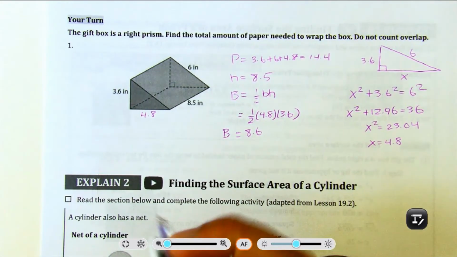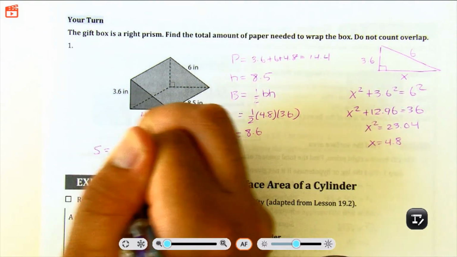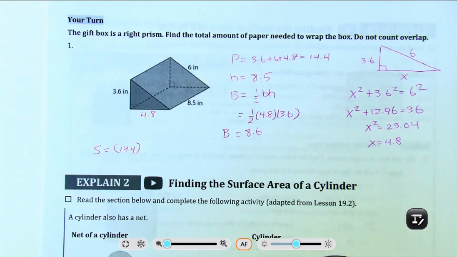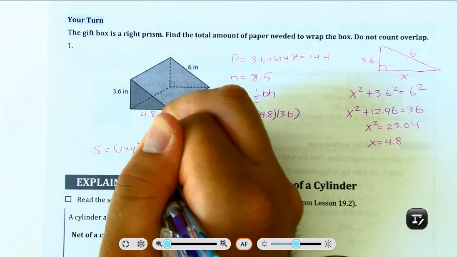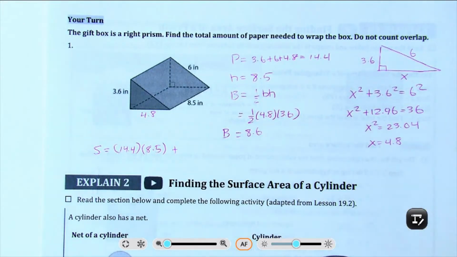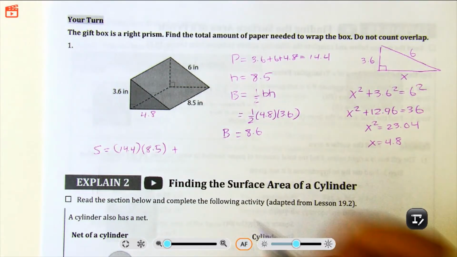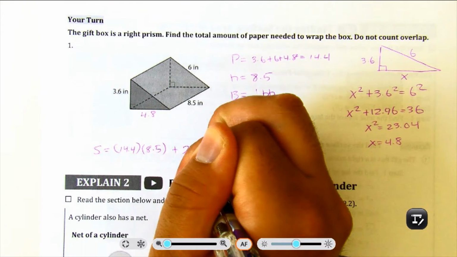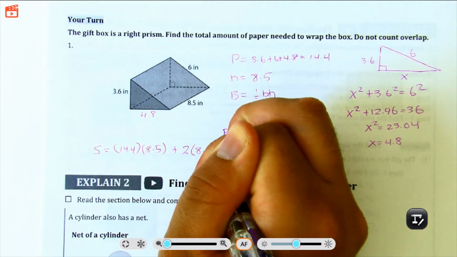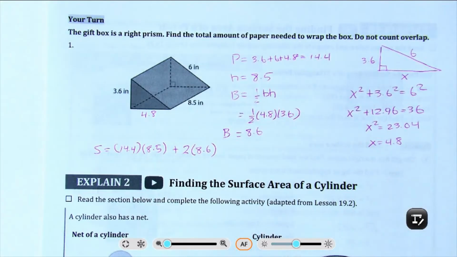So to find the surface area, we have the perimeter, so 14.4 times the height, 8.5, plus 2 times the base. Two times 8.6.